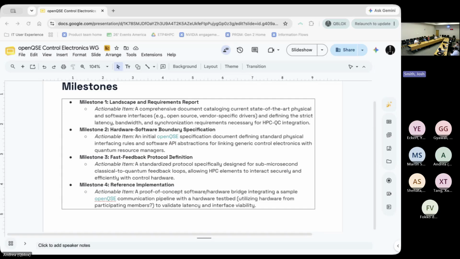One thing I was going to say is, we have these technical milestones, but openQSE is an open source, open development initiative. And maybe this is something we could do at IEEE Quantum Week, try to get out in front and say, look, as a group, this is what we're doing.